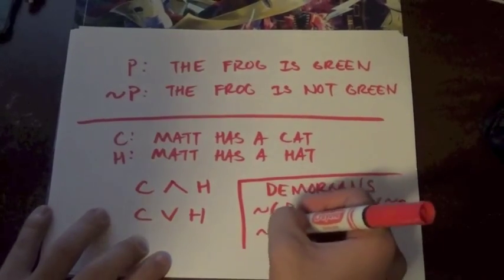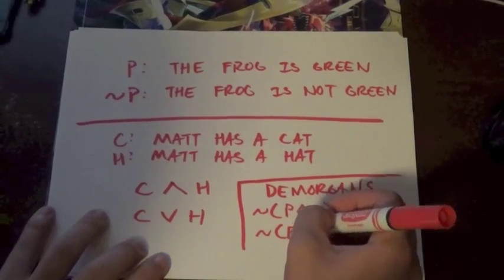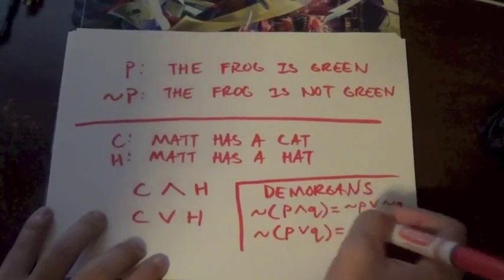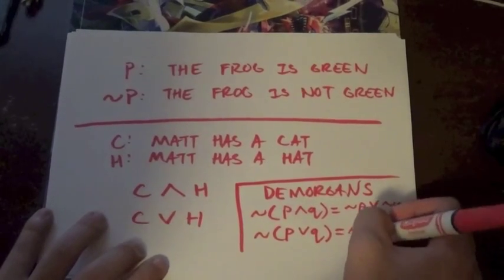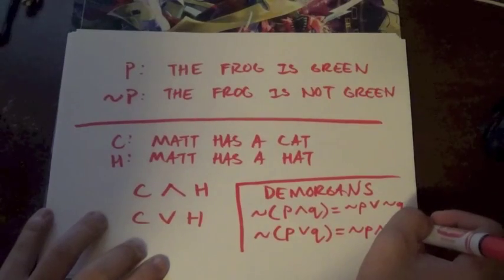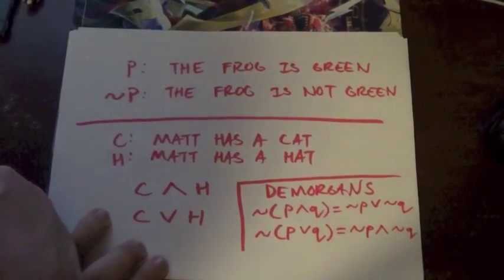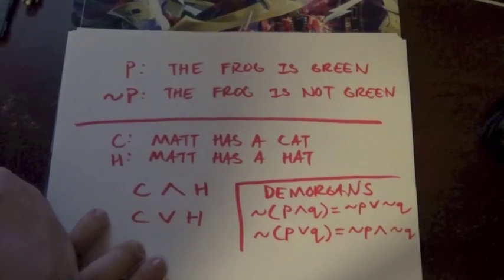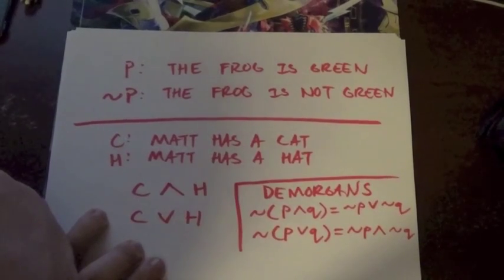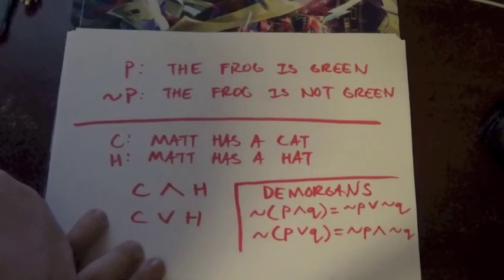Once again, when you take the opposite of a combination in parentheses, you may distribute the negation as long as you take the opposite of each statement inside the parentheses. If you would like to think of your own statements P and Q and why the left and right sides would be equivalent, that might help you to understand De Morgan's law. But for now, it should be pretty easy to remember.